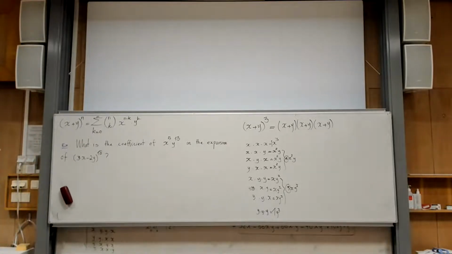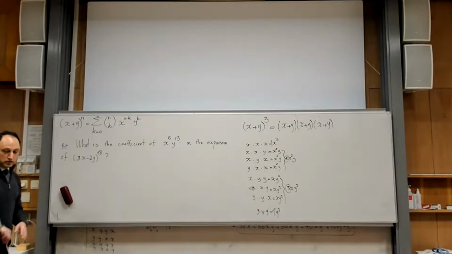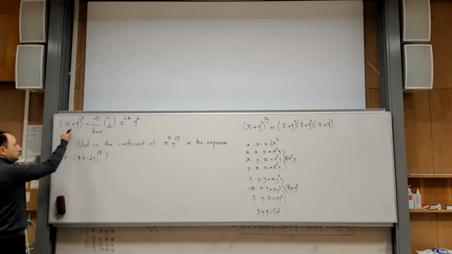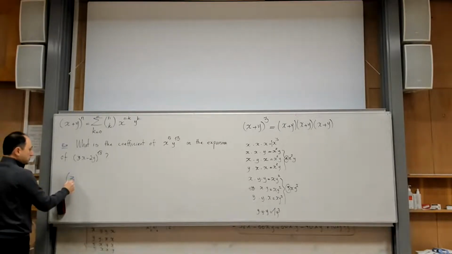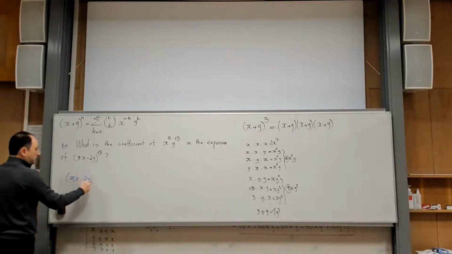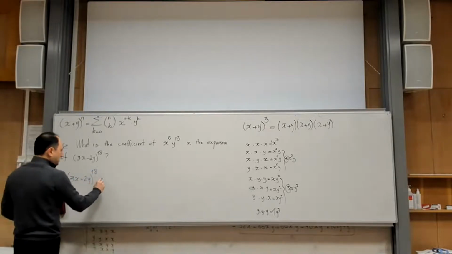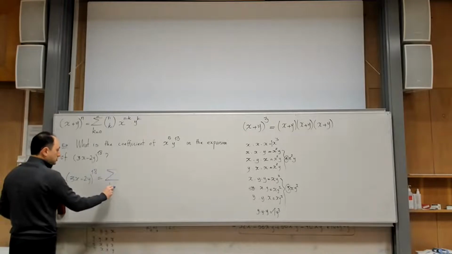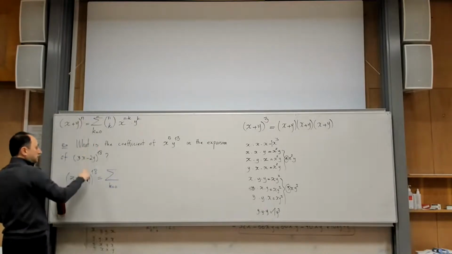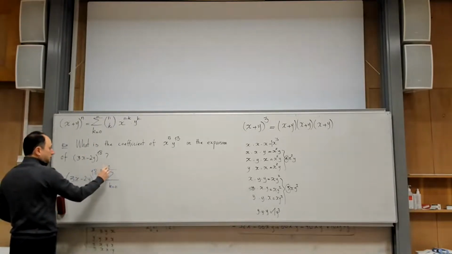Okay, good. But if you want to answer this question, this is my recommendation, and that's up to you: I would write the formula for this. So I would write (3x − 2y)^18, and then I write the formula in front of me. k goes from 0, but instead of n, I put 18.